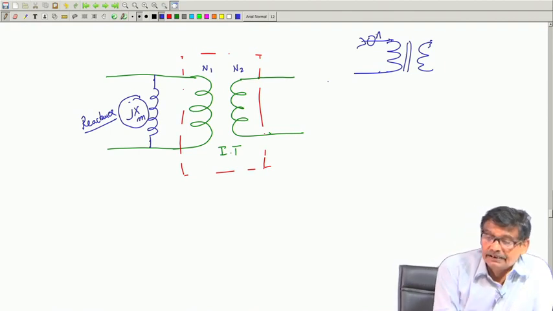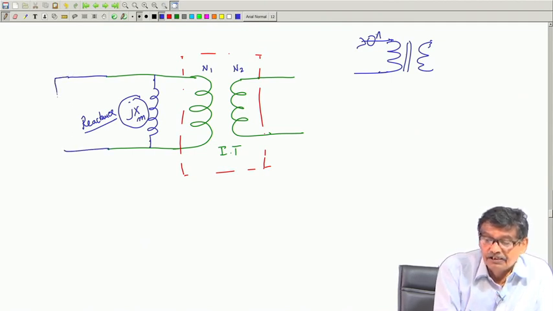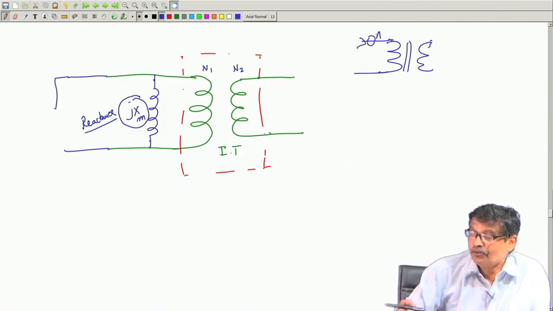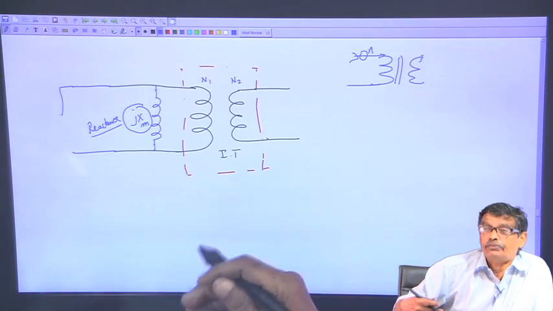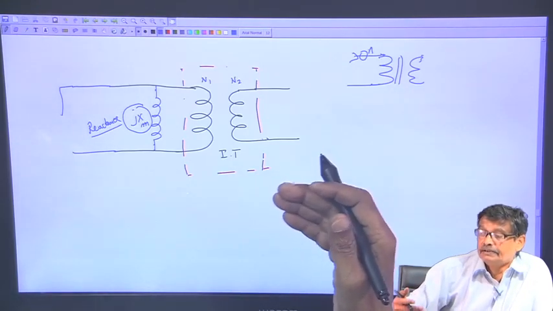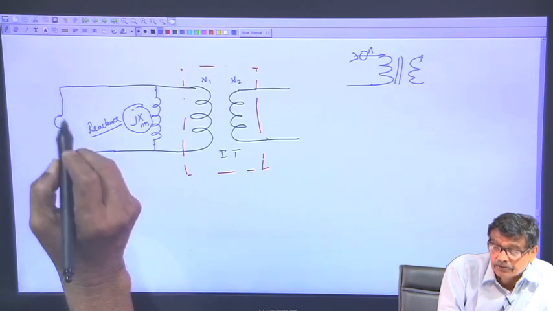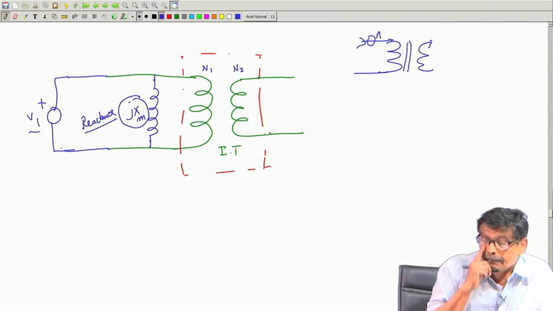Let us see whether it can really, faithfully follow the rules of this practical transformer. It can faithfully represent whatever is happening in a practical transformer. So, here is your V1, the applied voltage.